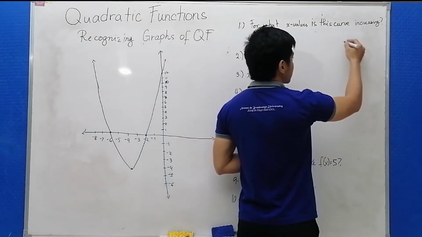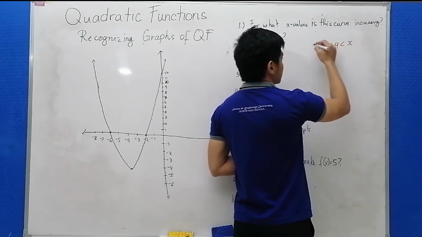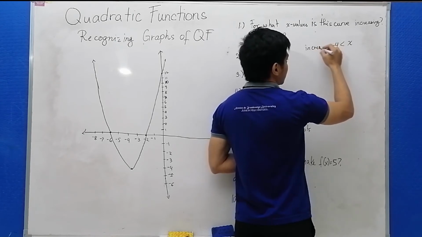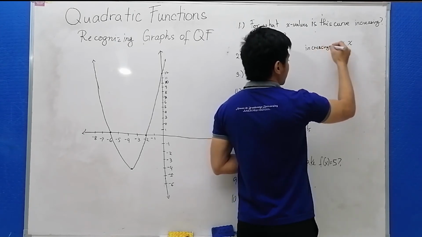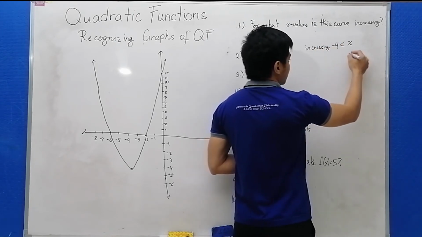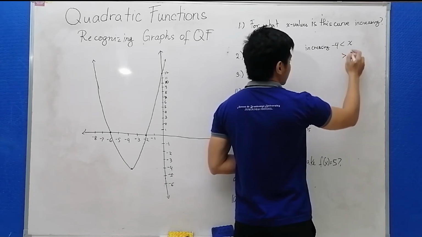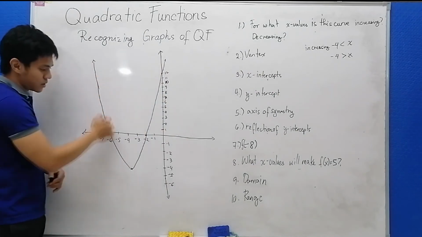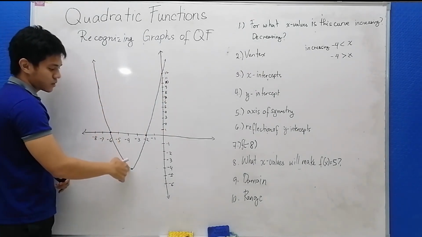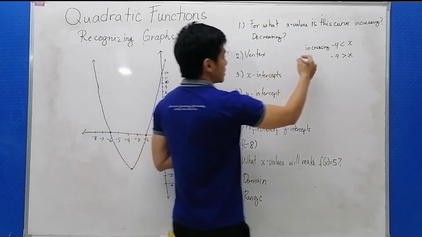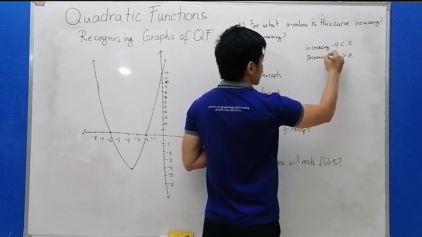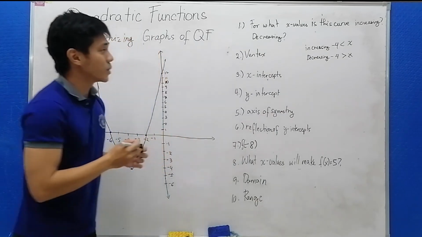If x is greater than -4, it has increasing values. But if x is less than -4, it's in a decreasing fashion, going downwards. So we have these 2 answers for number 1.